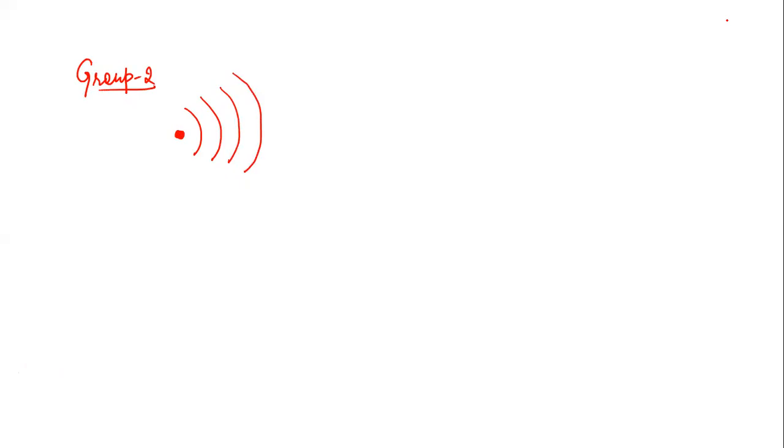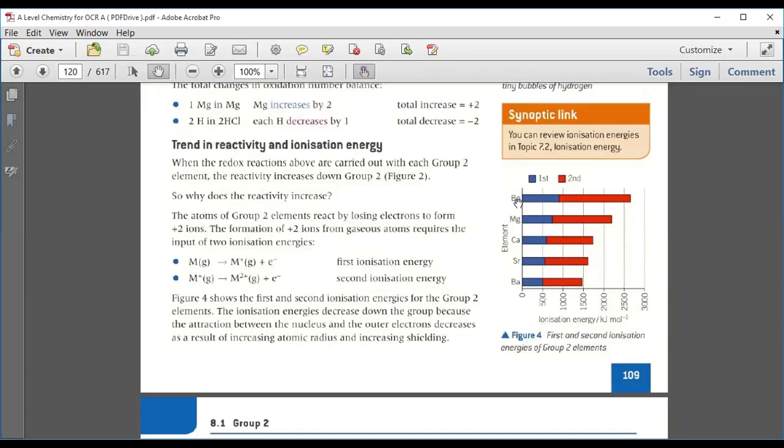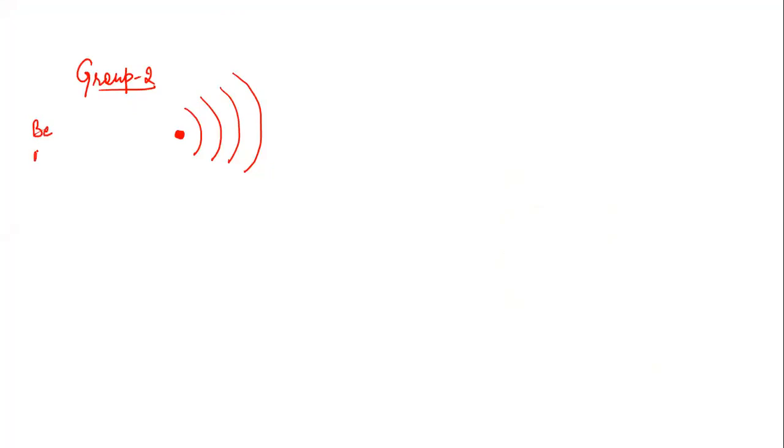Can you name the group 2 elements? Beryllium, magnesium, calcium, strontium, and barium. The first one is beryllium, then magnesium, calcium, strontium, and barium.